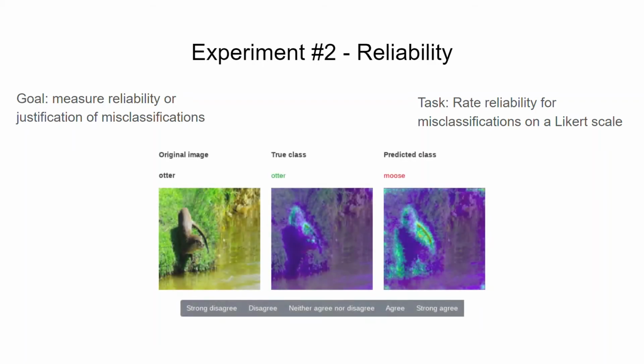The second experiment's goal was to measure the reliability of the methods. Justifiable explanations, even for misclassifications, make the method reliable. To do this, we show the participants the explanations for the misclassified images, that is, the predicted class versus the true class saliency maps, and ask them to rate on a Likert scale the degree to which they agree that the explanations are justified for the misclassified image.